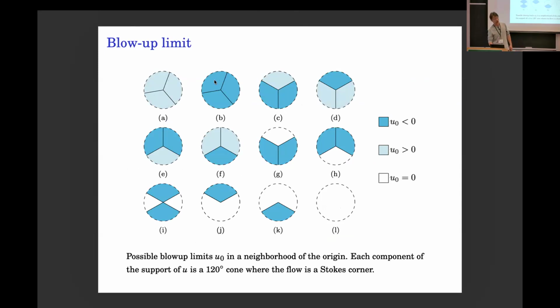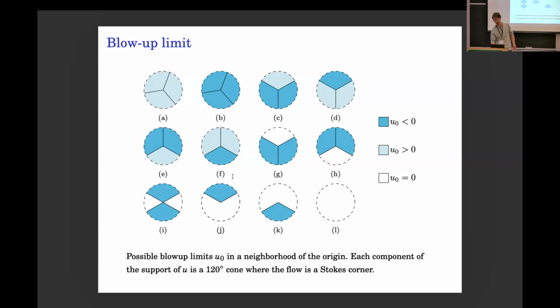The darker means it's heavier fluid, lighter means it's lighter fluid, and the white means it's a vacuum. So near this double stagnation point, without considering the fluid context, you can have these 12 scenarios happening. All but one contain a 120-degree angle.